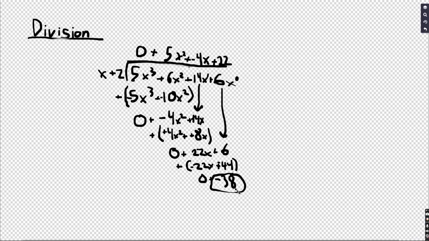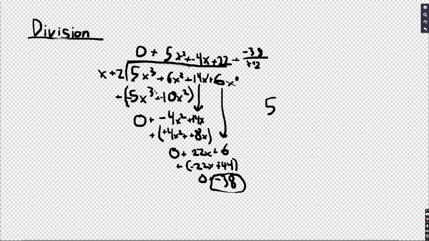You may have also had a remainder when you did long division in school. Your remainder is what you can use to create a fraction, because it's unevenly divided. You set up the fraction as your remainder divided by whatever you were dividing by, which is x plus 2. So this is our answer.